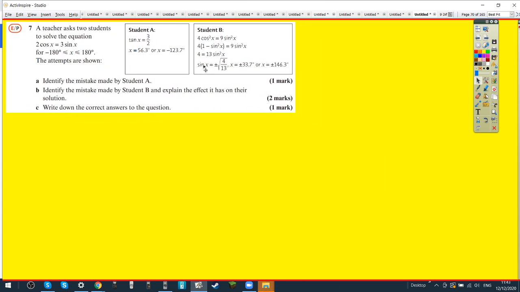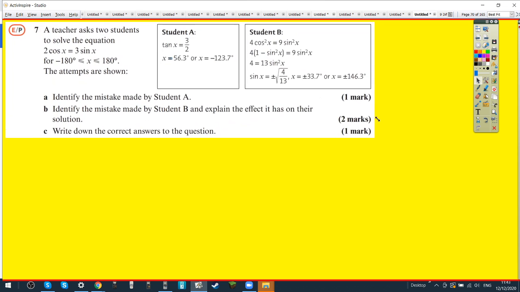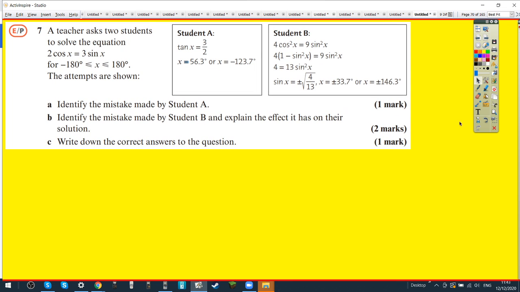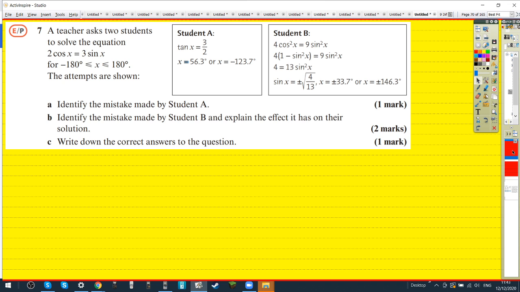All right. How about this one? So would you divide by cos on both sides?